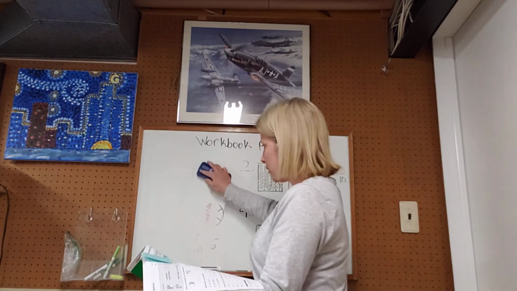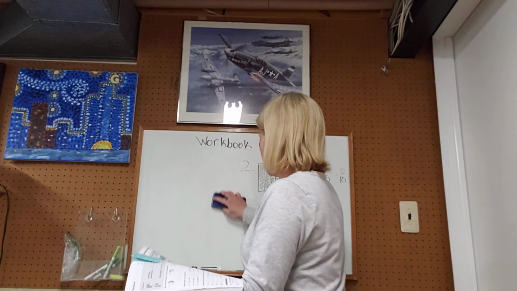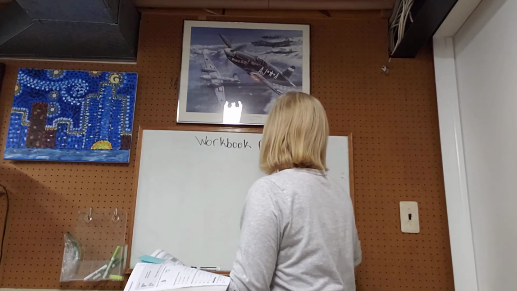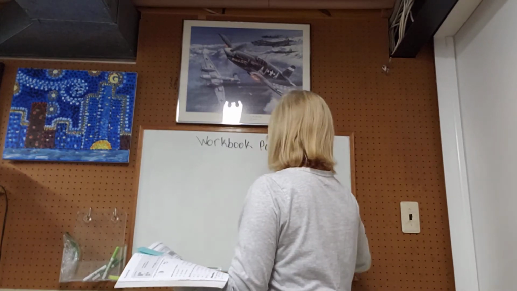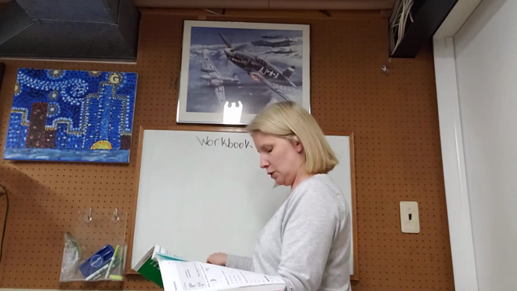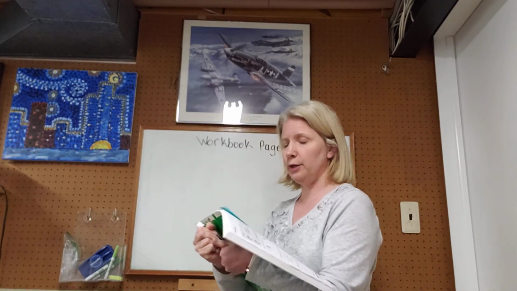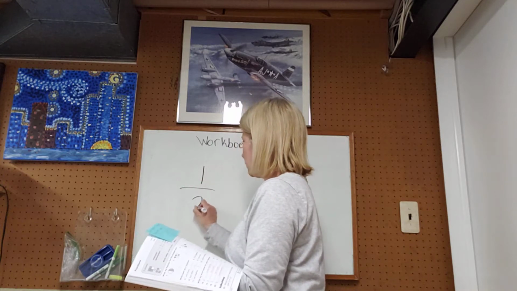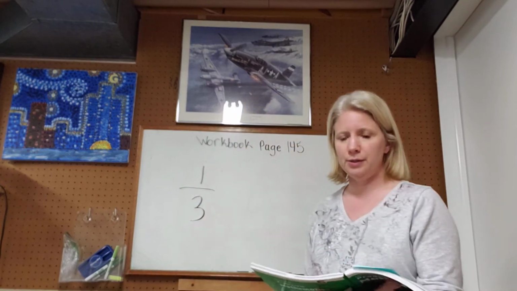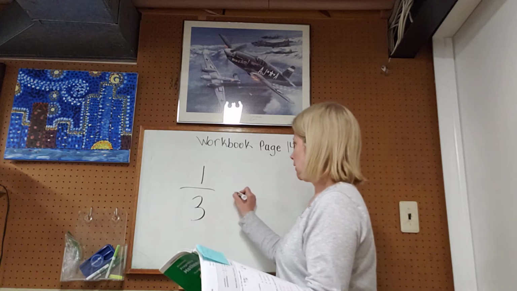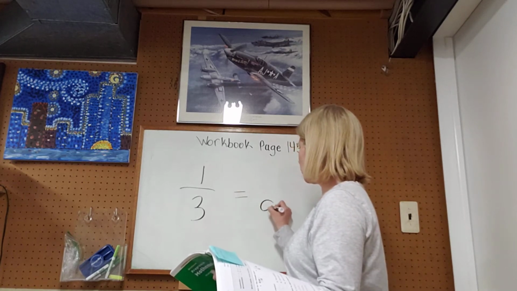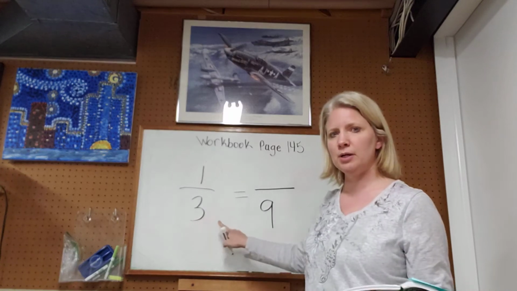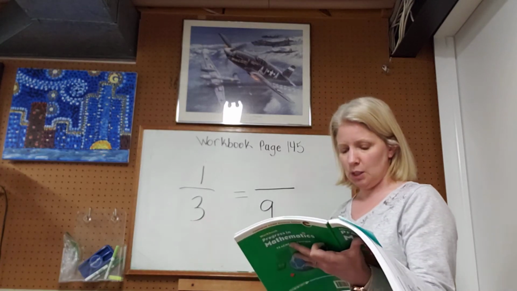So you had one with 3 parts. If you have 1/3, try to write it big enough so you can see it. If you have 1/3, you want to figure out what it equals with 9 parts. So one you have 3 parts, one you have 9 parts.